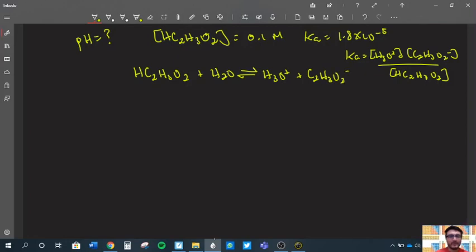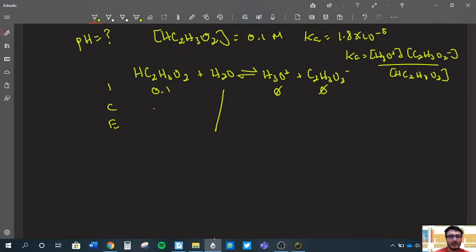I should write states, but it's going to get messy. Okay, so ICE table, 0.1 molar concentration, straight from the question. We can cross out water there. At time 0, we know that these have 0 concentrations.